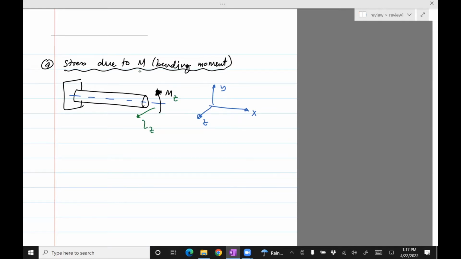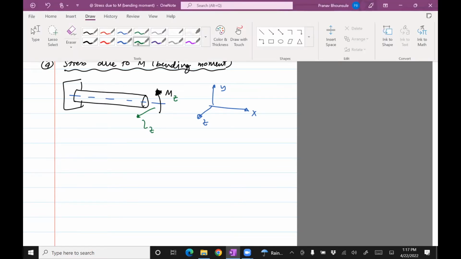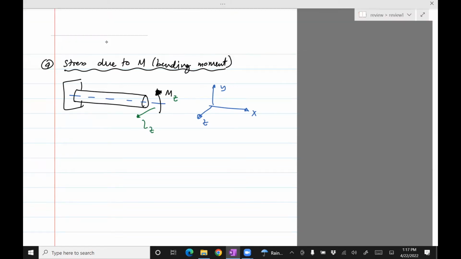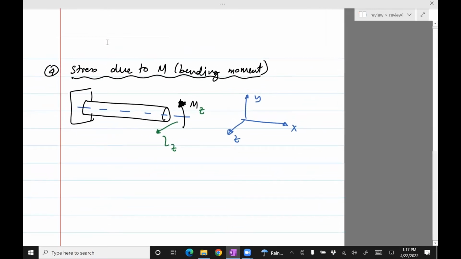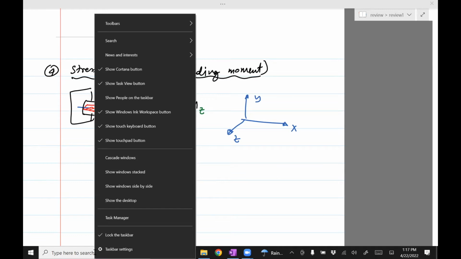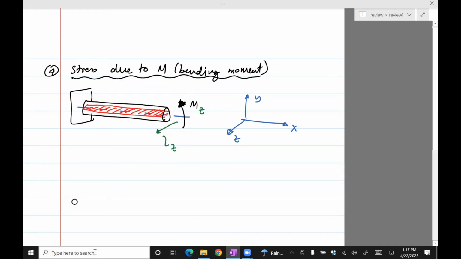So when you have a moment in this fashion, the stress in a cross section, which is along the x-axis but in the zx plane, will be 0. That axis is something like this. It's horizontal, sort of midway, and this is what we call the neutral axis.